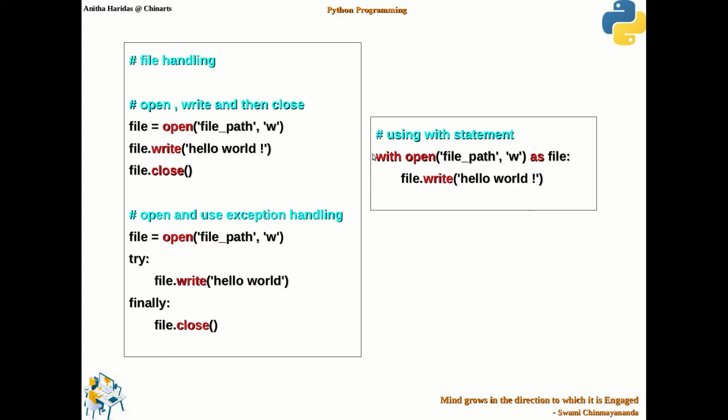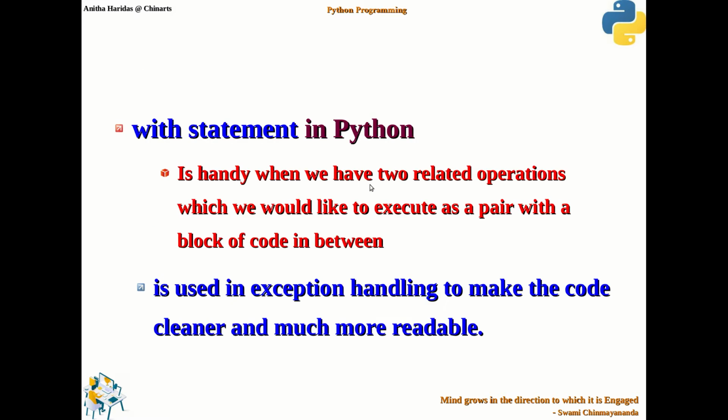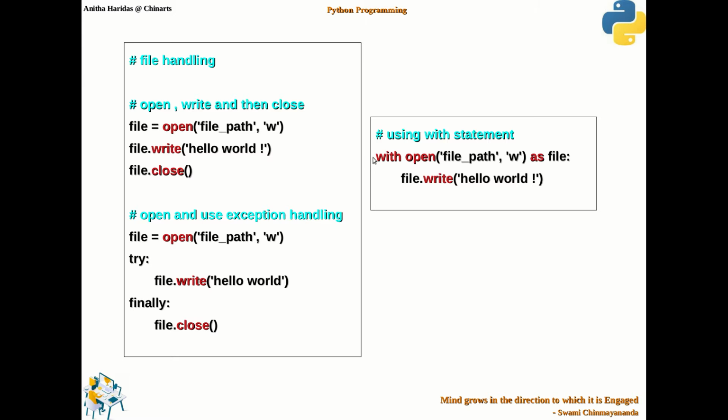So what happens, if you have just two related operations which you want to execute as a pair with a block of code in between, then you can use this with statement. So whatever you want to perform on the file, all those things you can do here as a block, then you come out of the with statement. While performing the operations using the with statement, it opens, performs the operation, and it will automatically close the file object.